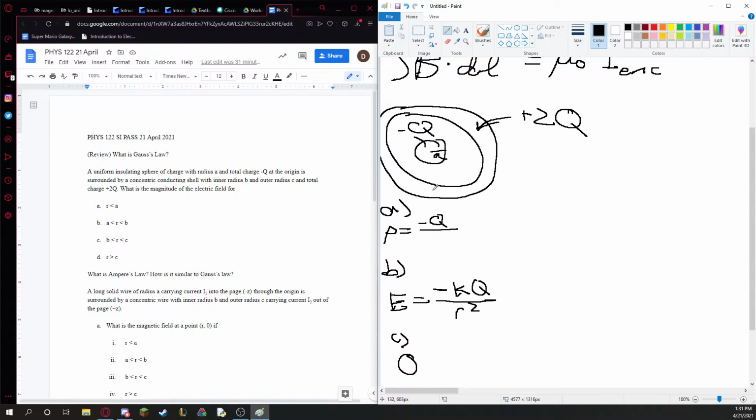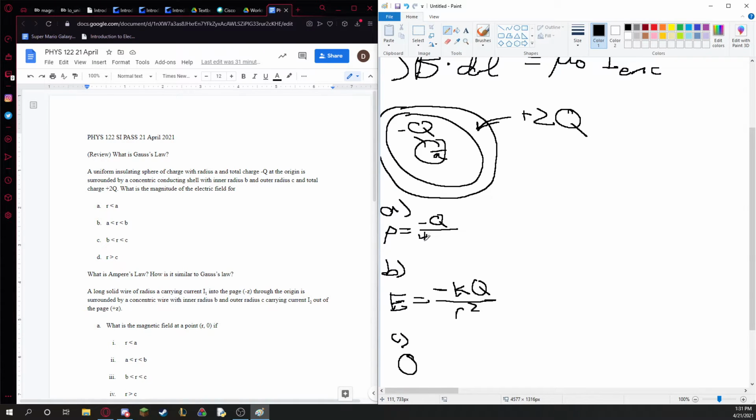What's the volume of a sphere? Four-thirds pi r cubed. Exactly.